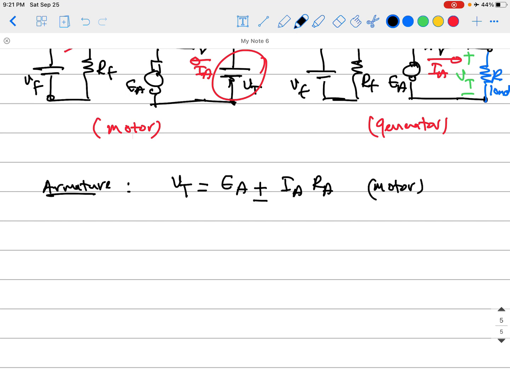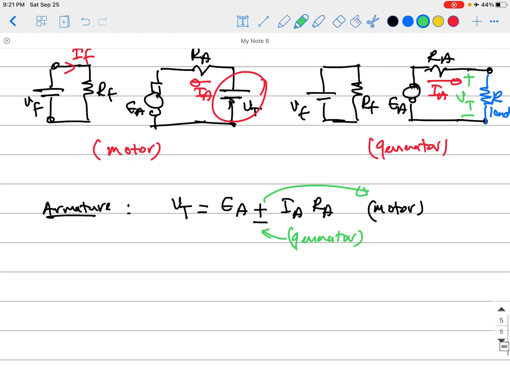The plus goes for the motor mode, and the negative goes for the generator mode. In a generator mode, EA is higher than the terminal voltage. The induced voltage inside the machine is higher than the terminal voltage, while in the motor mode, the terminal voltage is higher than the internal voltage. We talked about this at the very beginning of the lecture.